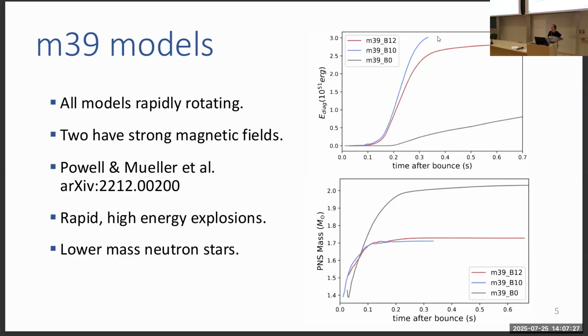But there's also a caveat here, because in CoCoNuT, we use GR when we have no magnetic fields. And in the version of the code that has magnetic fields, we use Newtonian gravity. I think in 2D models, they've shown that your gravitational wave amplitude and frequency is going to be about 10% higher if you use Newtonian gravity.